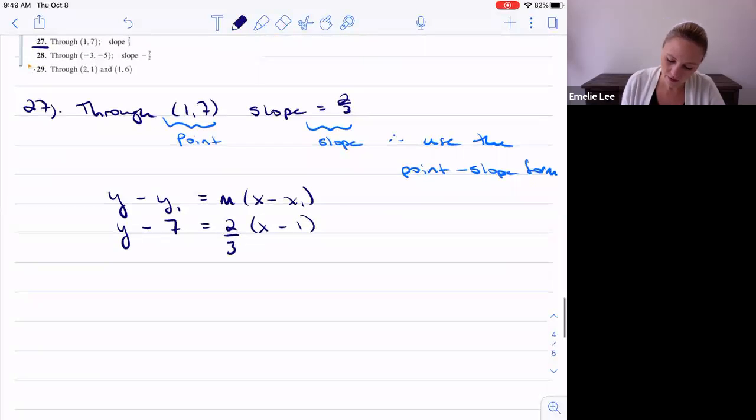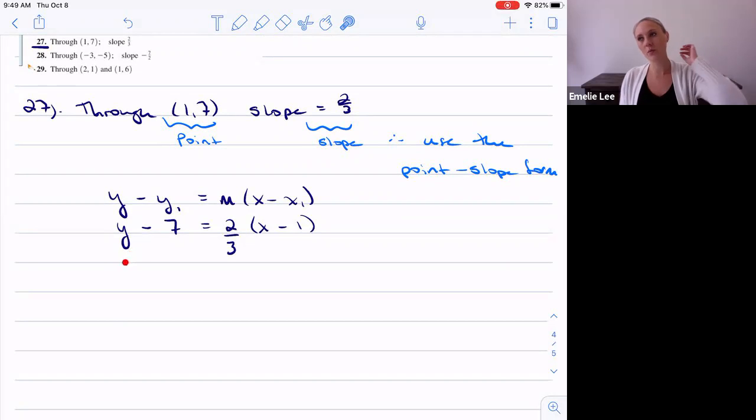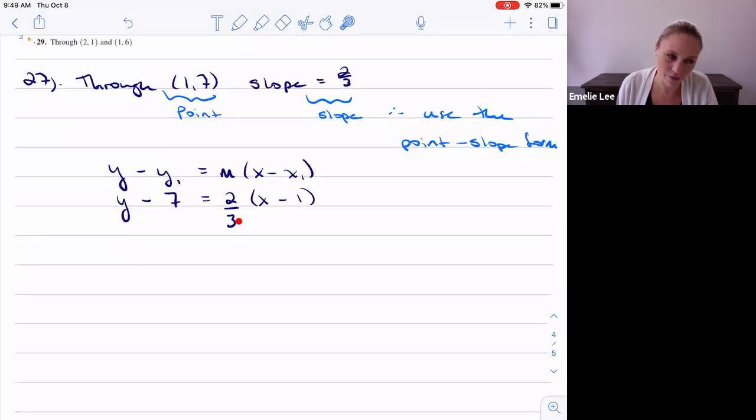So I can solve this for y to make it an equation of a line, right? The equation of a line has the form y equals mx plus b typically. And so you want to solve this for y to get it to look a little bit nicer. We're dealing with fractions though, so that's fun, but we're feeling good about fractions hopefully.